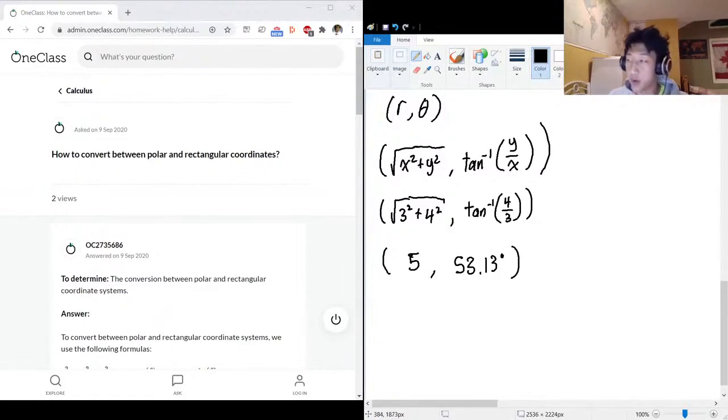Sometimes you'll need to do this in radians. It really depends on what type of applications you're using this math for, but be ready for degrees and radians. Converting to radians from degrees is not particularly difficult, but you've got to be ready for both. So a 53 degree angle would look something like this.